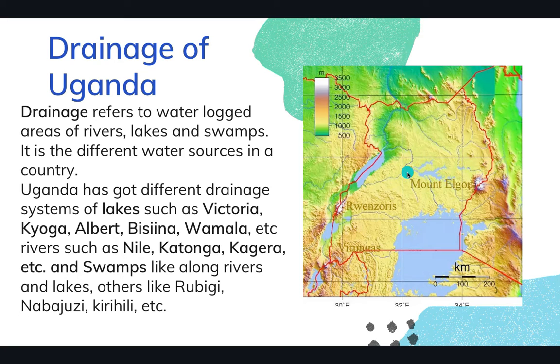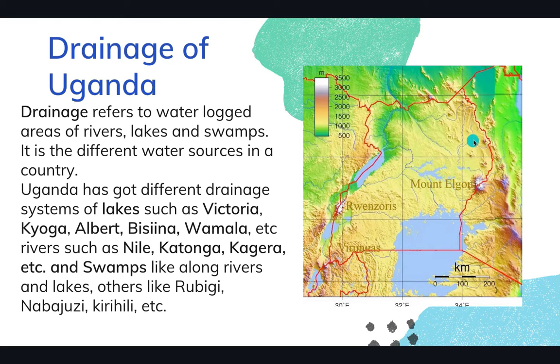We are blessed to have quite a number of rivers and lakes, as we can see right there. Our country is located in the Great Lakes region of Africa, where we have the largest, Lake Victoria, as you can see right here. And then we have others like Edward, George, Albert, Kyoga, Wamala around this area, and we also have Bisina and rivers which originate from Mount Elgon.